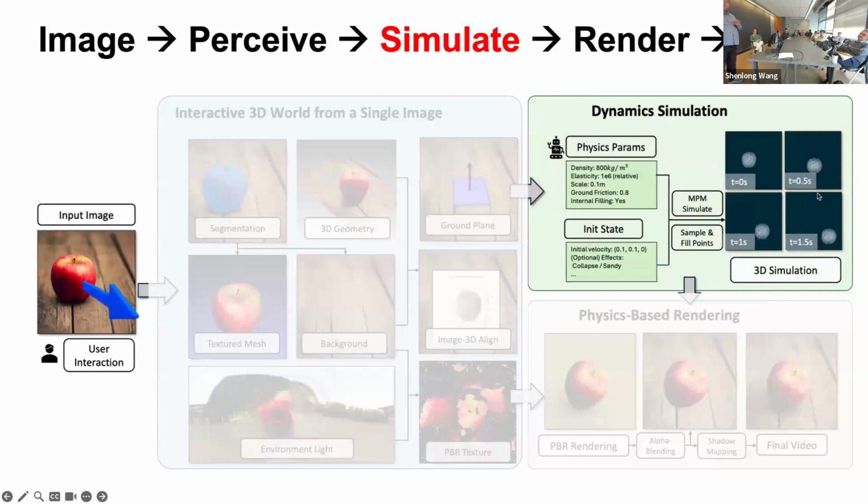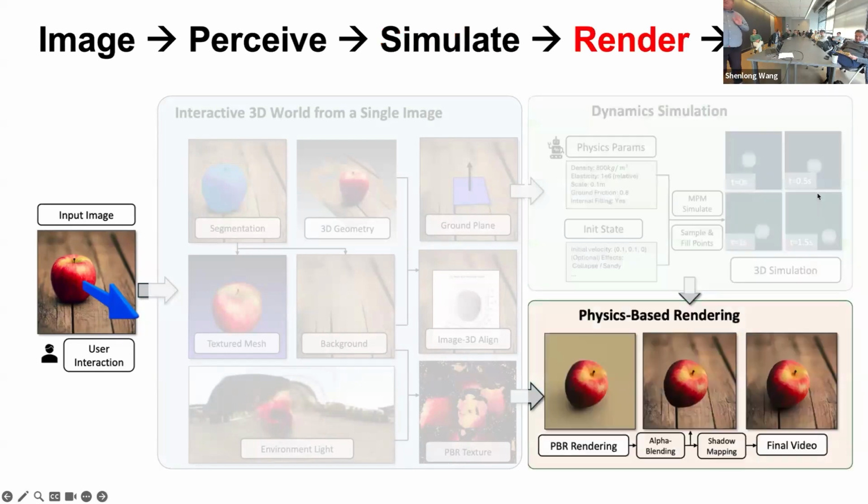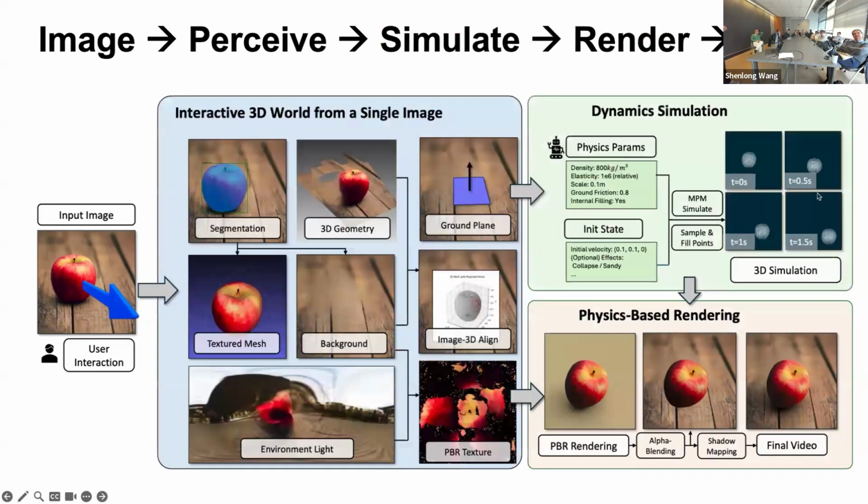It's called the moving least squares material point method, developed by Yun Fei Fu when he was at Penn, and we leverage that. That allows us to model both rigid body physics and elastic and plastic physics, which is a really nice tool. Finally, we use physically based rendering to cast the shadows, and compose them all together using alpha blending to get the final video footage.